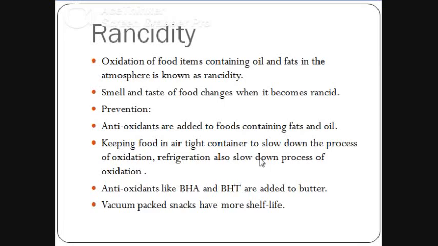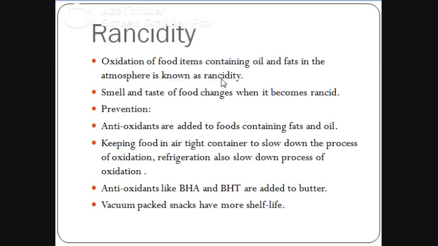Yes children, another effect of oxidation in our day-to-day life is rancidity. Now what is rancidity? It is oxidation of food items containing oil and fats in the atmosphere. Say for example chips, they are fried in oil, and when they are exposed to the atmosphere for a long time, they become rancid, that is they get oxidized, and the process is known as rancidity.